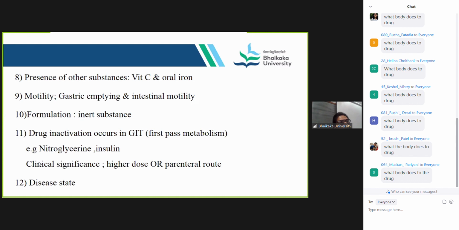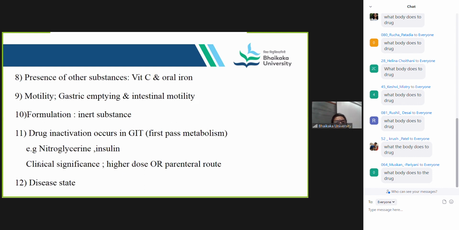So one has to see that of two drugs, one drug may hamper the absorption or one drug may increase the absorption. The other is motility: gastric emptying and intestinal motility. If the motility and emptying is fast, then maybe it hampers the absorption of the drug.